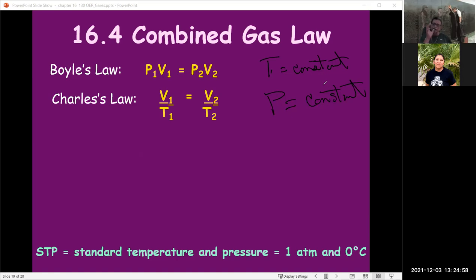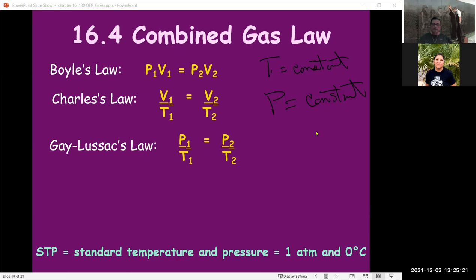And then he played with the volume and the temperature. And he found this relationship, that the ratio of the initial volume and the temperature is equal to the ratio of the final volume and the final temperature. Okay, so that's what Charles' law is all about.